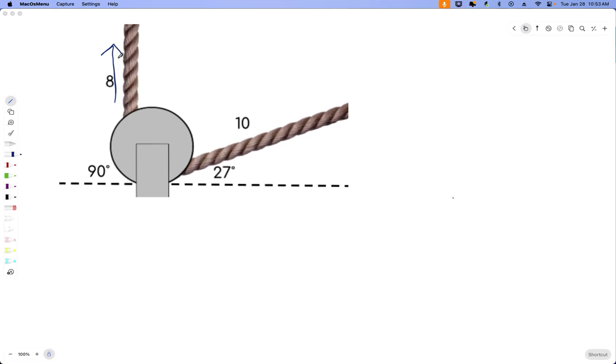Okay, so it's going straight up. So it's got a height of 8 or a length of 8, but it has no slope. It is a vertical line, right? So we don't even have to do any math to write the rectangular coordinates for this side.